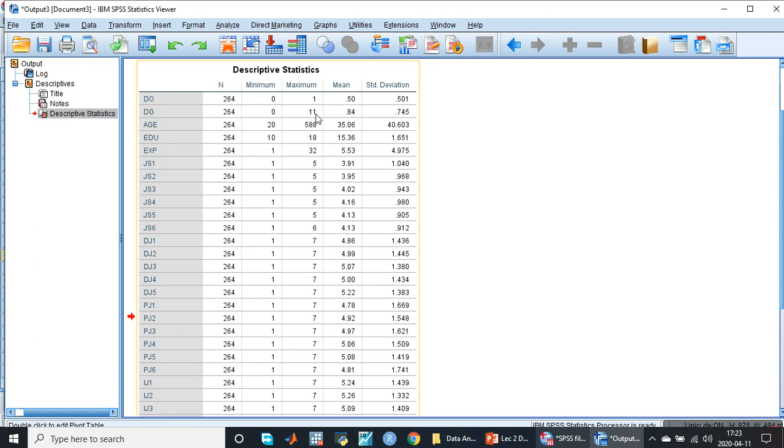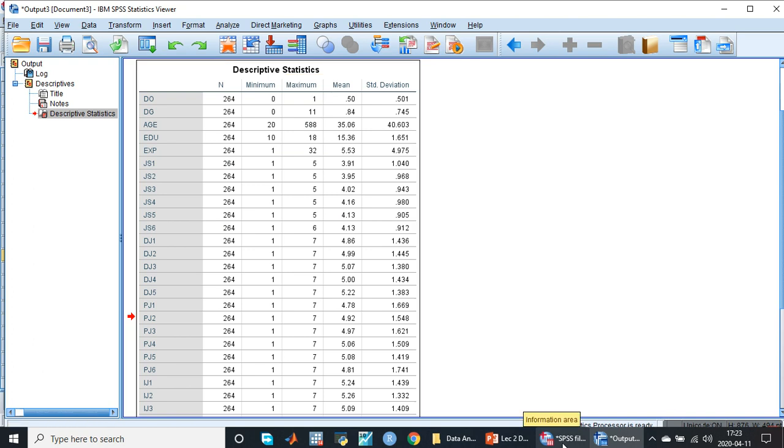One was male and one was female. Female was represented by 0 and male was represented by 1, not 11. It means that there is some error.